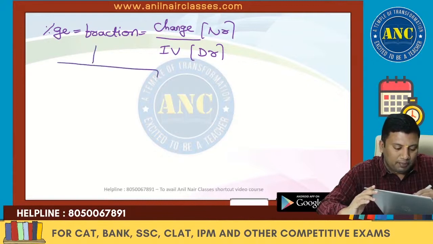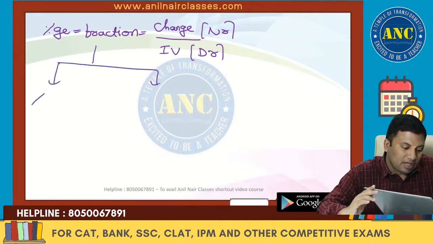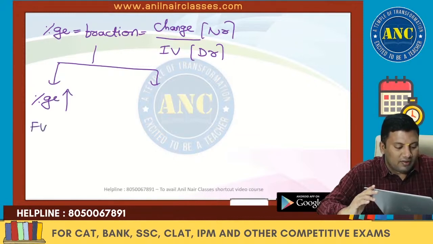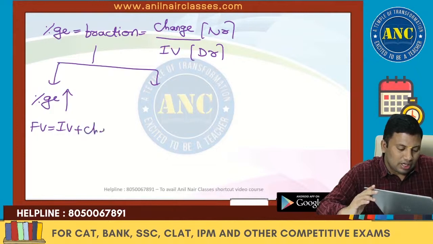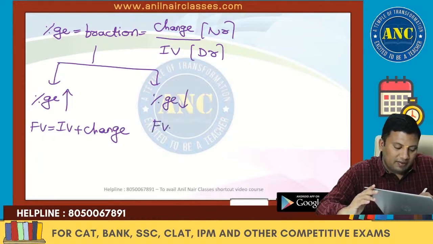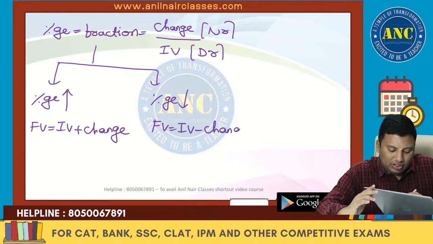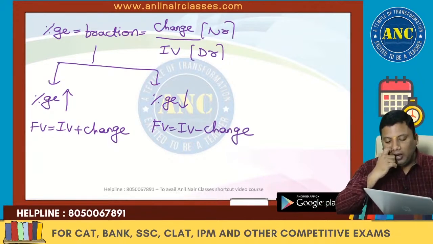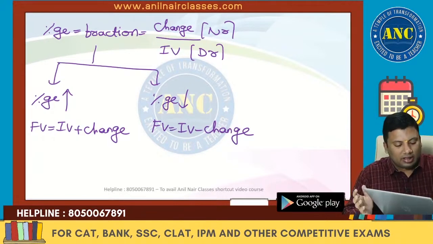If it is a percentage increase, final value is nothing but initial value plus change. If it is a percentage decrease, final value is nothing but initial value minus change. Change is nothing but the numerator.